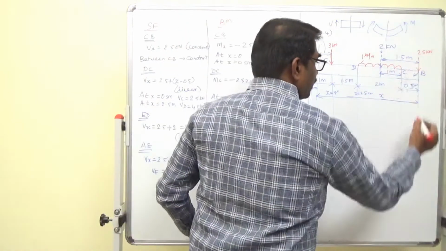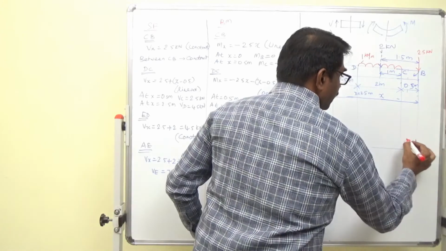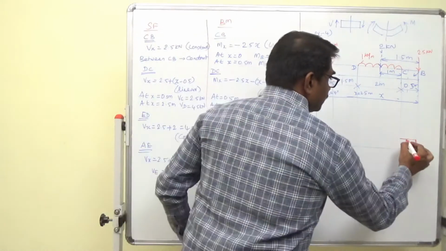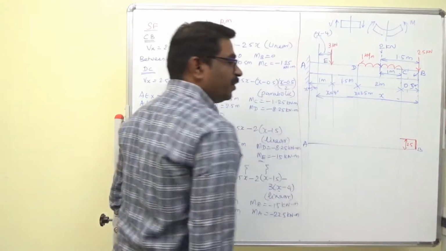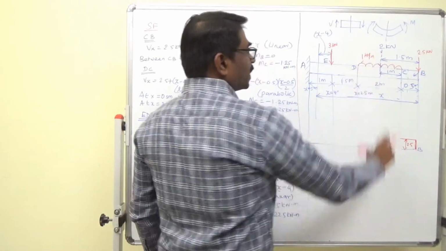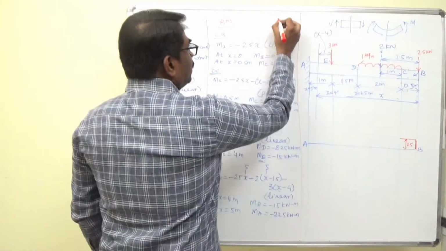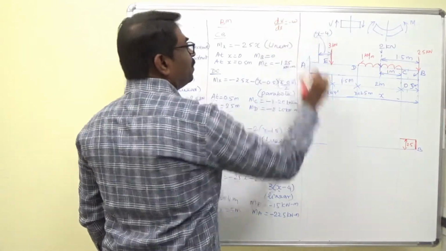So 2.5, between CB it is constant. So what is this value? 2.5 kilonewton, right?